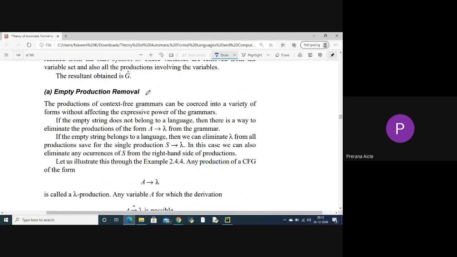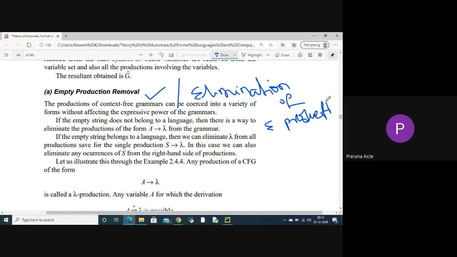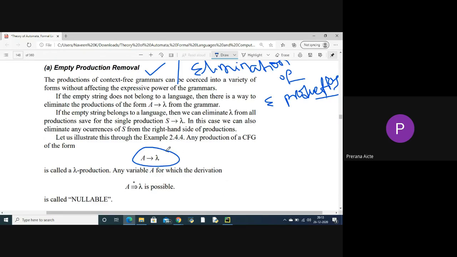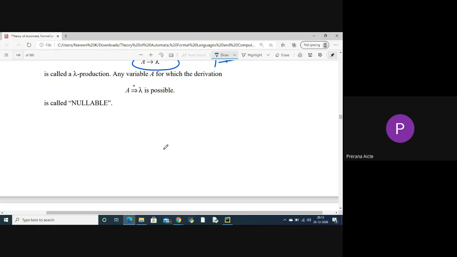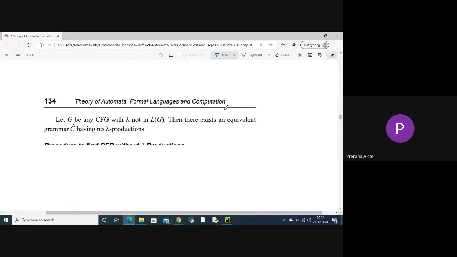Empty production removal is also said to be elimination of epsilon productions. A tends to epsilon is said to be an epsilon production. We need to remove this. We'll see an example.